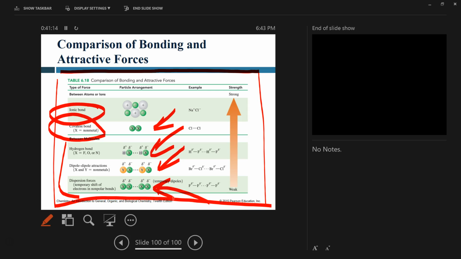There are a few questions on the study guide. You should know how to blah, blah, blah. Blah, blah, blah means that there's some statement there, okay? Like, you should know how to write a formula based on the name, how to write a name based on the formula. Does that make sense?